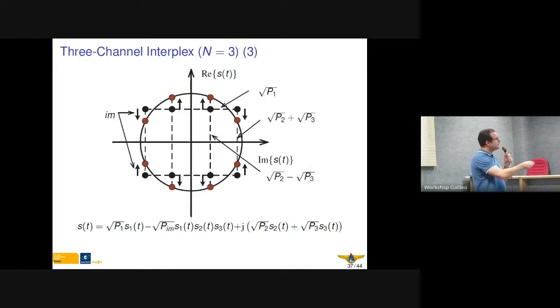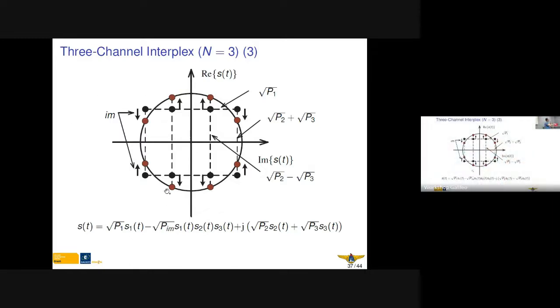We can see that we get this quadrant with these states, but none of the states are on the circle. This means we have no constant envelope signal. But if we introduce the intermodulation product, these states move from the black ones to the brown ones. So the intermodulation product shifts the states to the circle, which means that if the signals are only operating on the circle, the peak to average power ratio is 1.